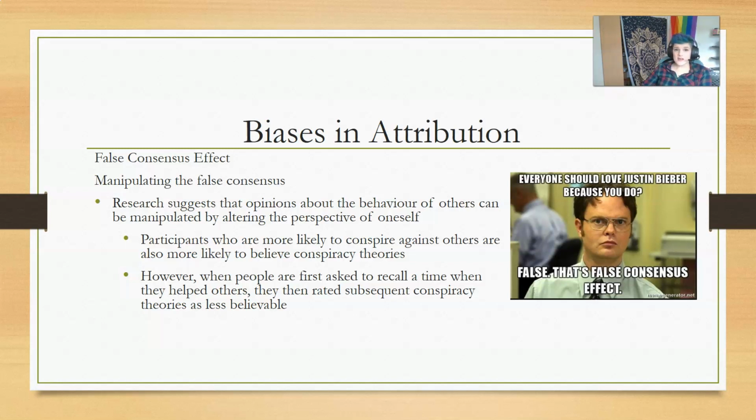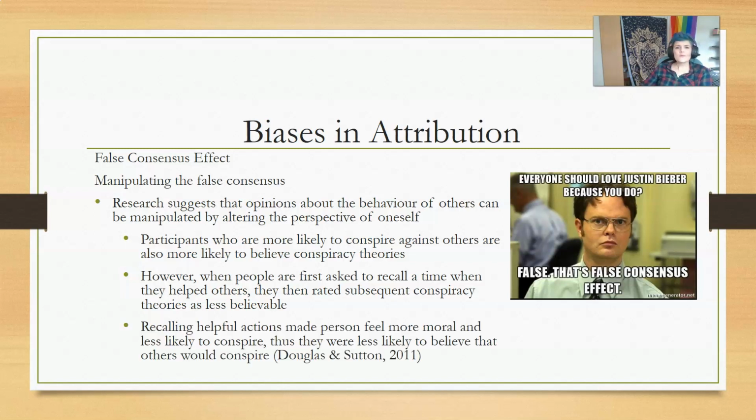So, in this study, the researchers have manipulated the perspective of the participant. The participant thought that they would conspire, and so they assumed that other people would conspire. But when they remembered a time when they did something nice, then they believed that actually maybe other people would be nice as well. Recalling helpful actions made the person feel more moral and therefore less likely to conspire, and they were less likely to believe that others would also conspire against them.